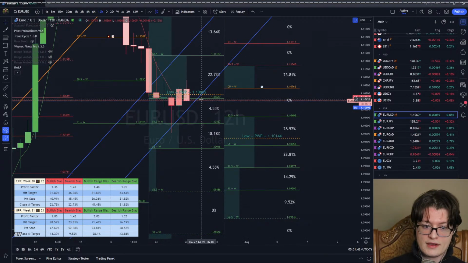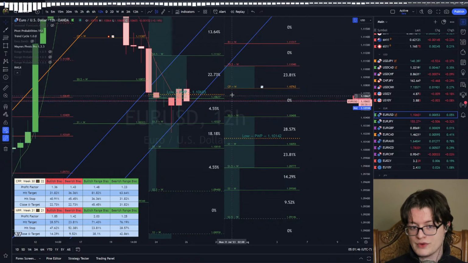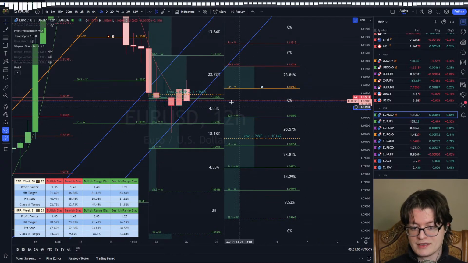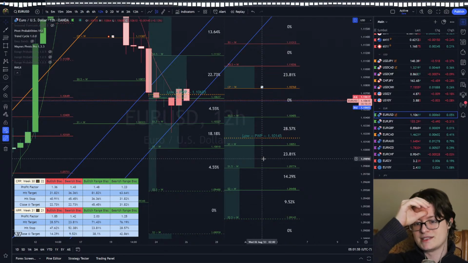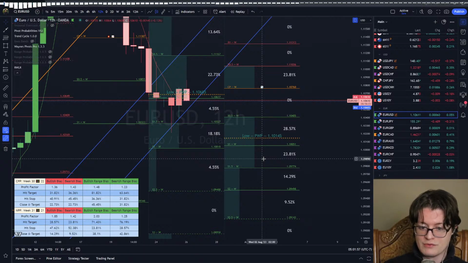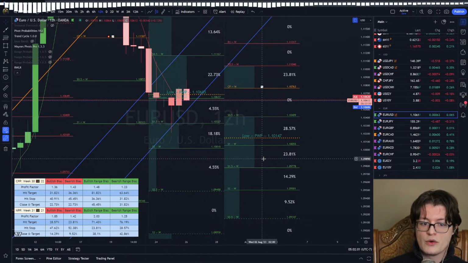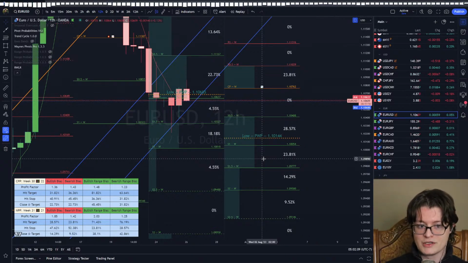So if we open next week below the weekly central pivot, my baseline expectation is that it's probably going to move lower at least another 60 to 100 pips automatically on the table. So going into next week, depending on where we open, it's going to depend on how bearish we are.